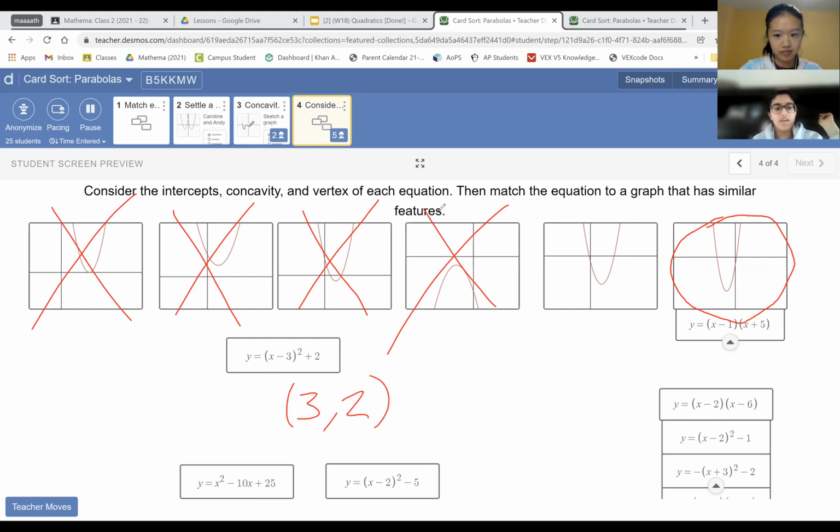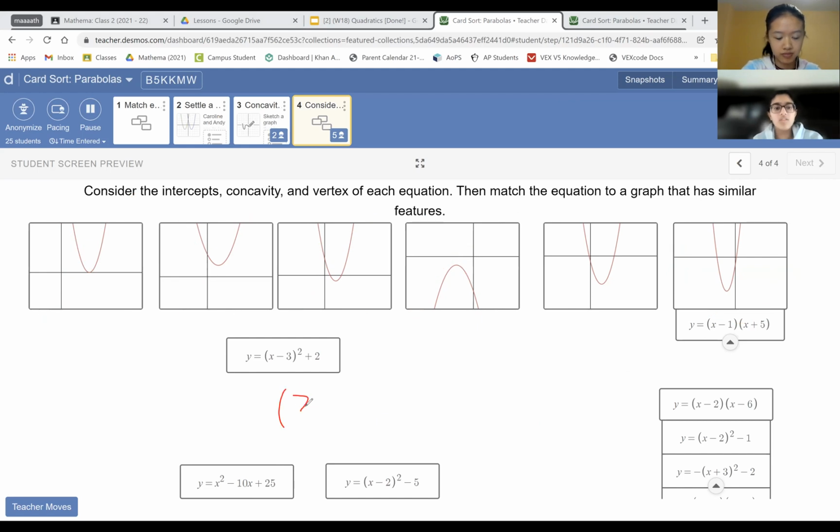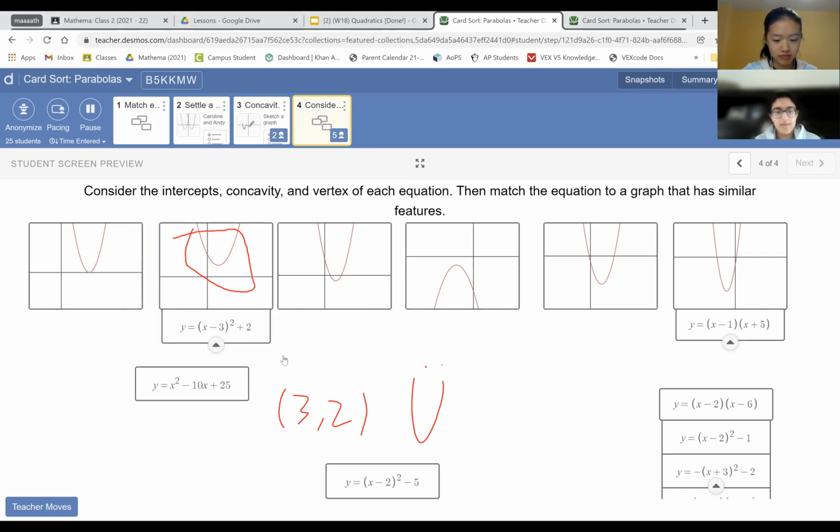So we have to see what has a vertex of 3, comma 2, and it should also be concave up because the a value is positive. So 3, comma 2 would look something like the second one. So we would connect that to the second one.